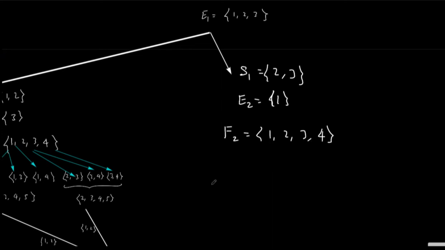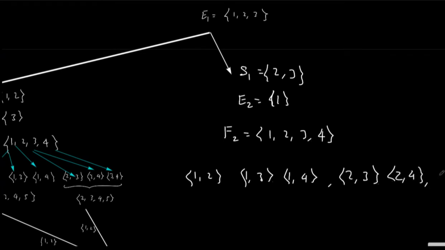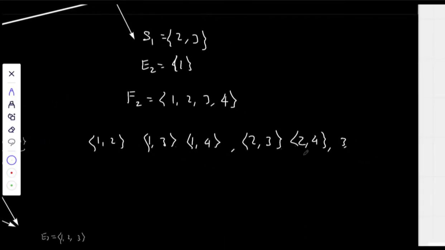So if you say this as S2, that is 1, 2, 1, 3, and 1, 4, then 2, 3, then 2, 4, and then 3, 4. So what we recall here is 3, 4, right? That is 3, 4. Okay.